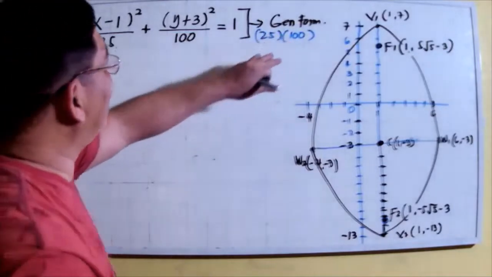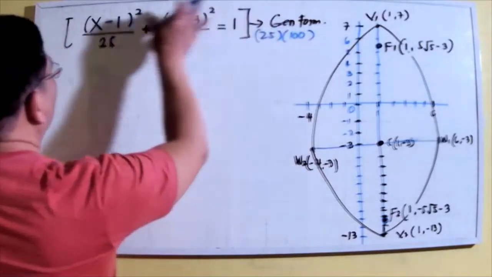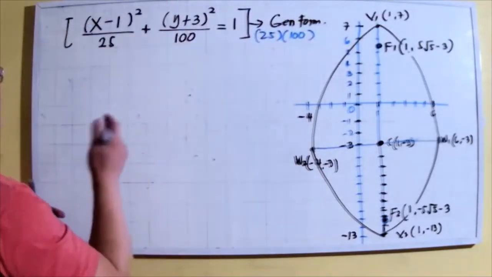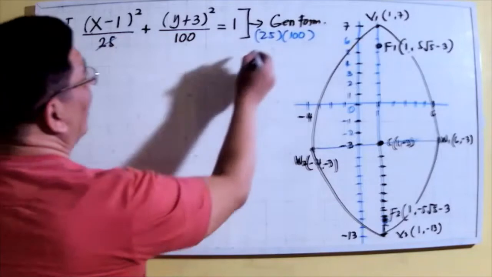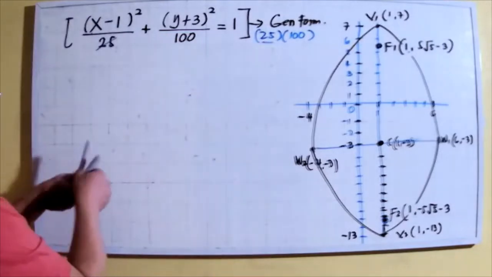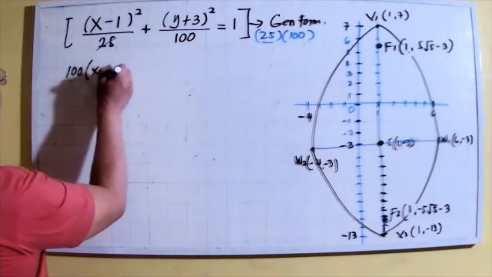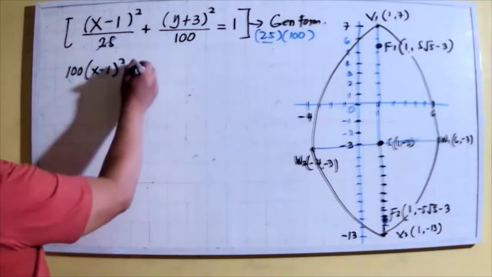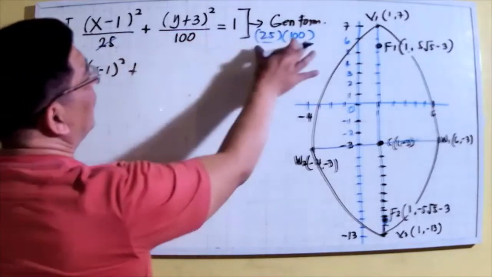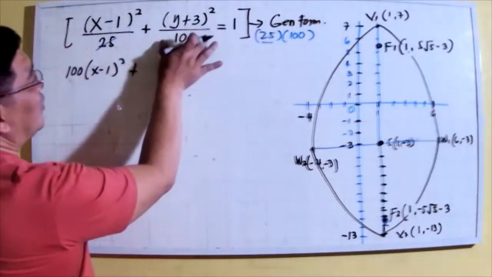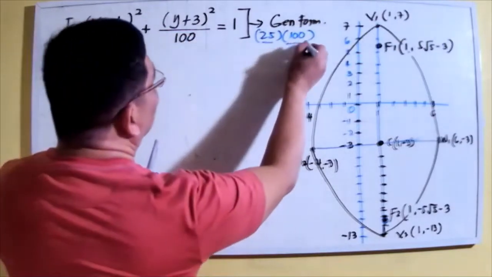Then, if you're going to multiply this, ito munang term natin na to, how are you going to multiply this? This one multiply this, what happened is that makakancel ito, at saka ito, you have 100 (x minus 1) squared plus, ito naman, yung susunod na term, pag minultiply mo to sa term natin na to, ang makakancel naman is yung 100.